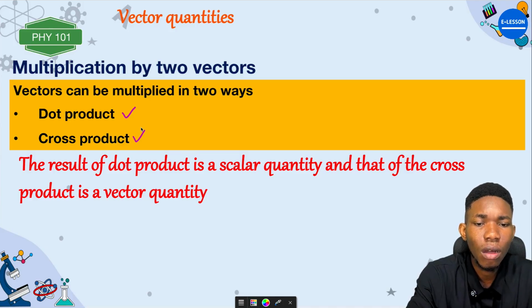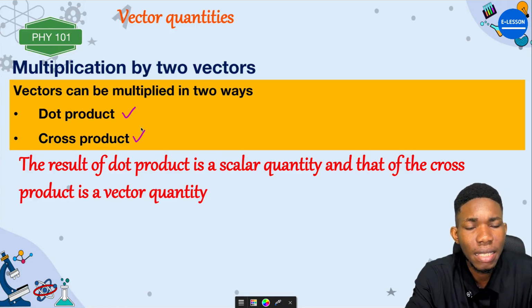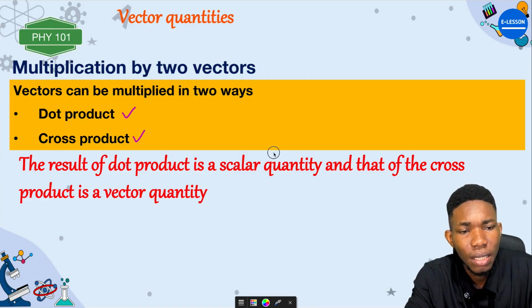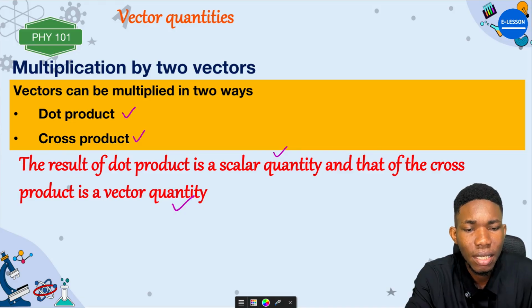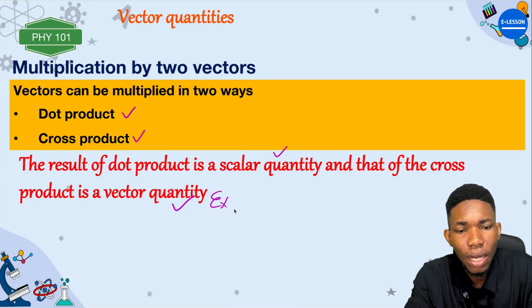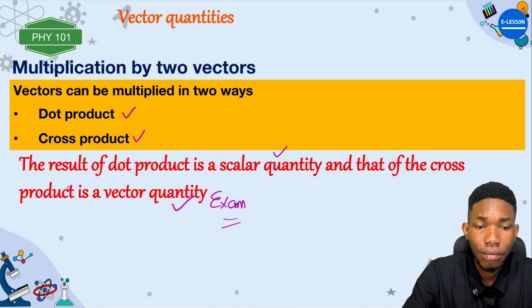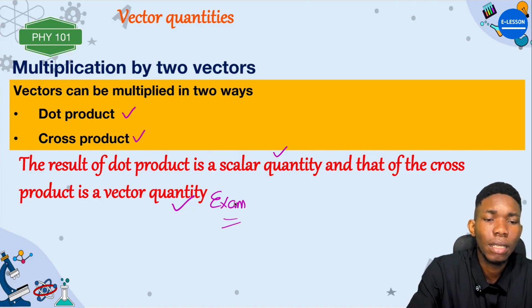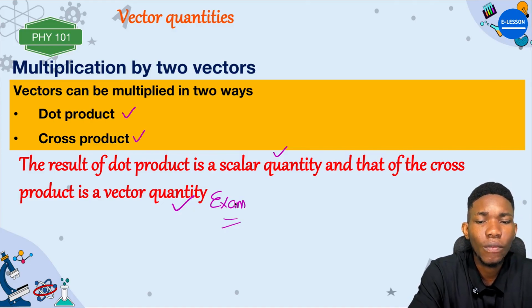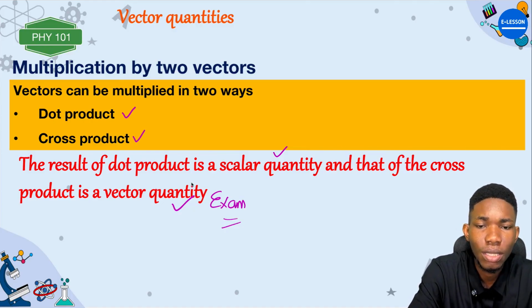Now, the result of dot product is a scalar quantity, and that of the cross product is a vector quantity. This is a key point in your exam. You should take note of it.